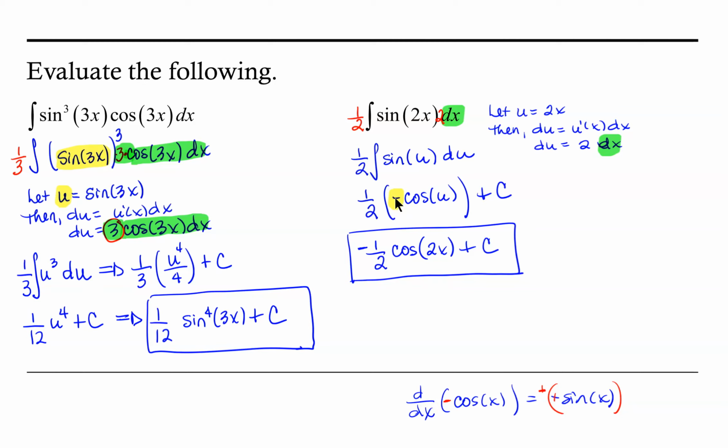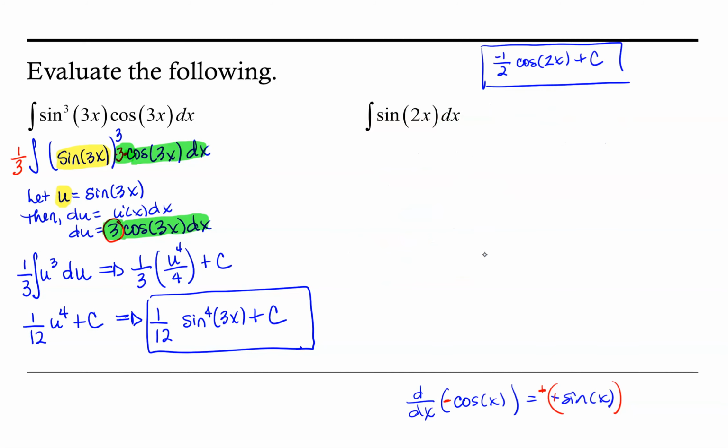Now, with these trigonometric integrals, sometimes it can be confusing because there are some trigonometric identities that can come into play. So one possible integral here for sine of 2x dx is negative 1/2 cosine of 2x plus c. Let's keep track of that, and let's look at this from a different point of view.